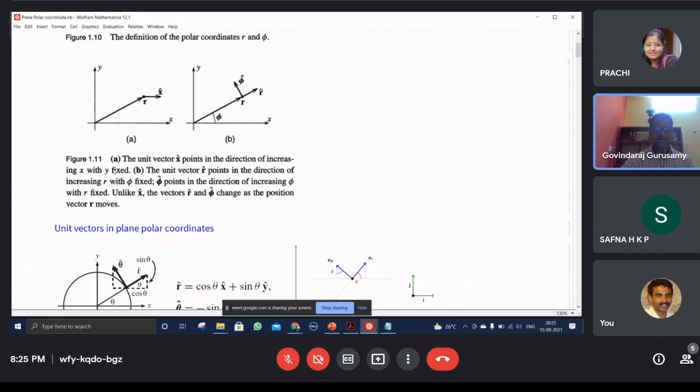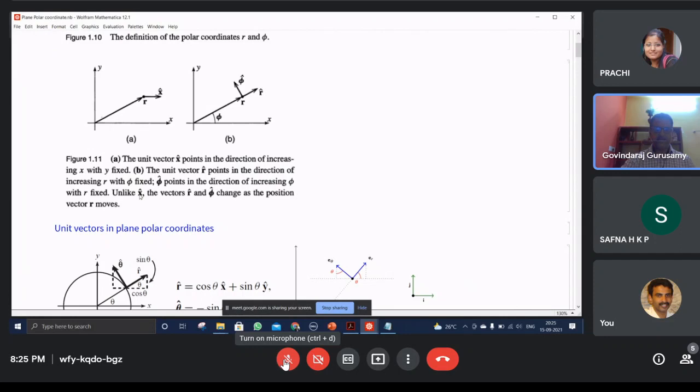See, you can see what we are fixing here. Here y is fixed. Here phi is fixed. And phi cap points in the direction of increasing phi. This is the increasing phi. It goes around. So phi cap points in the direction of increasing phi with r fixed. So that's how the direction goes.